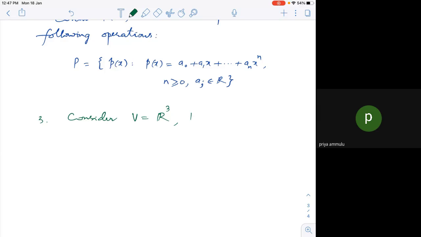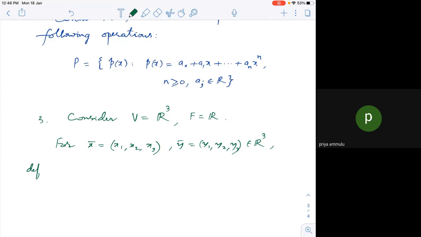This field is taken to be R. Under the same usual operations, let x bar is equal to (x1, x2, x3), y bar is equal to (y1, y2, y3) belonging to R cube.